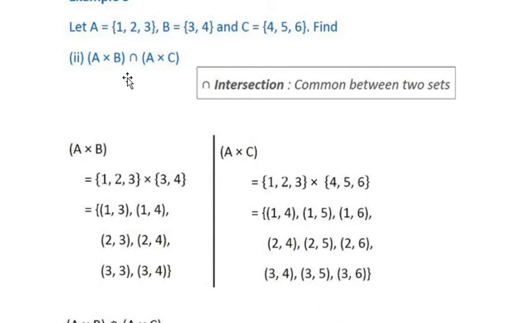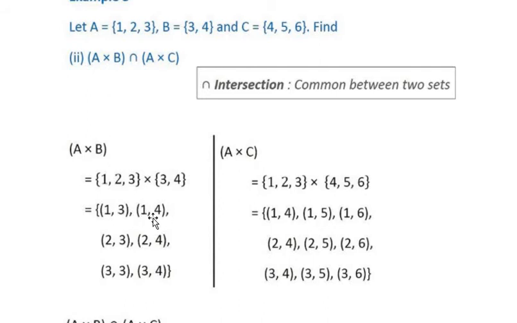Now when we want to find the intersection, as I told you in the beginning of the class, (1, 3) is not equal to (3, 1). Your order is important. So we will just see the common ordered pairs in both these sets. (1, 3) is there in A cross B, but we cannot find (1, 3) in A cross C, so we will not consider (1, 3).